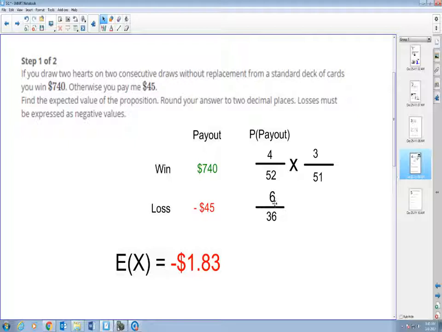Alright. Probability of losing. Your probability of losing got to be 1 minus the probability of winning. Okay, I hope that makes sense from the complement rule.